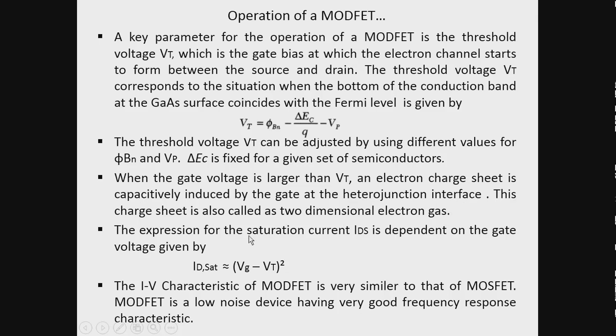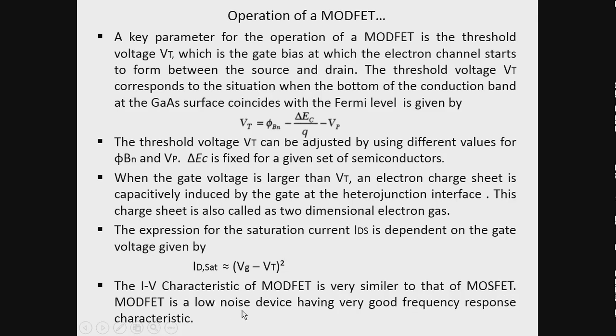The expression for the saturation current IDS is dependent on the gate voltage, given by the drain current saturation IDsat, which is approximately equal to Vg minus Vt the whole square. This means that the IV characteristic of a MODFET is very similar to that of a MOSFET, metal oxide semiconductor field effect transistor, that we have already learned.